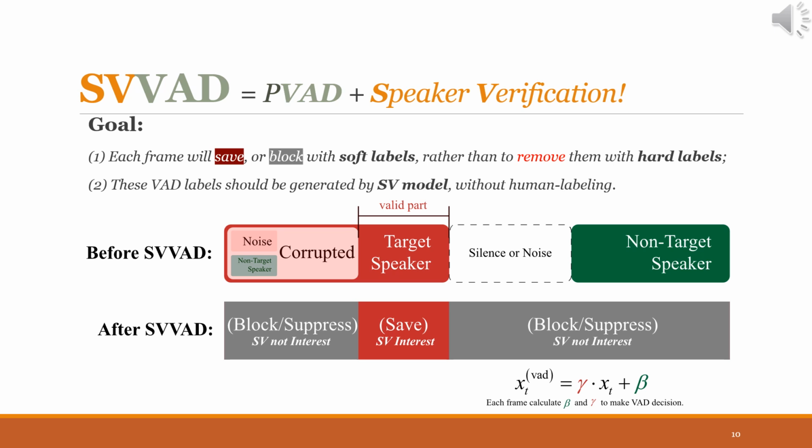In simple terms, if gamma is 1, this information will be saved. If gamma is 0, this information will be blocked. If beta is larger, this information will increase. Otherwise, it will be suppressed. This is how it works.